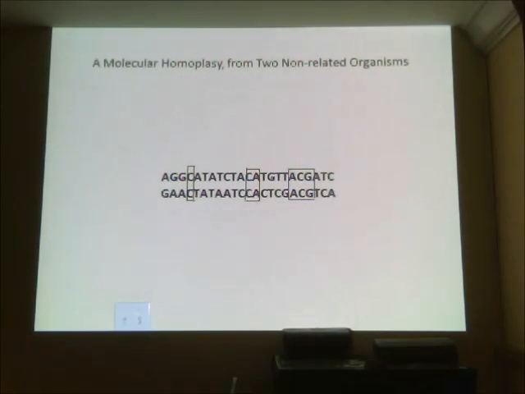But if you think about it, since there are only 4 bases, A, T, C, and G, just randomly, statistically, if you had 24 bases, the number that would be identical would probably, on average, be about 25%, or 6 out of 24. So that's what we're seeing here.